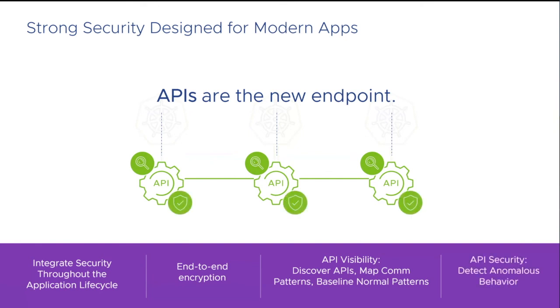So just like we provide east-west protection, we can now automatically secure these APIs, providing north-south protection. And our latest service mesh allows you to see how these APIs are being used and allows you to identify anomalies. And in the future, we'll be doing a lot more work on anomaly detection across containers.